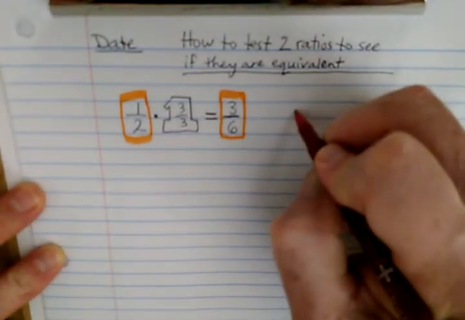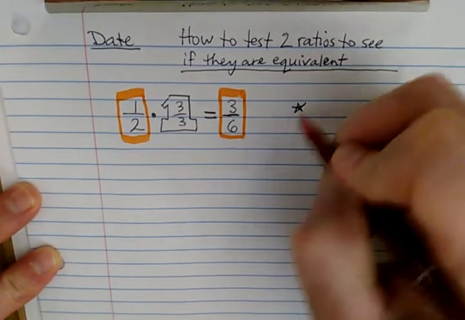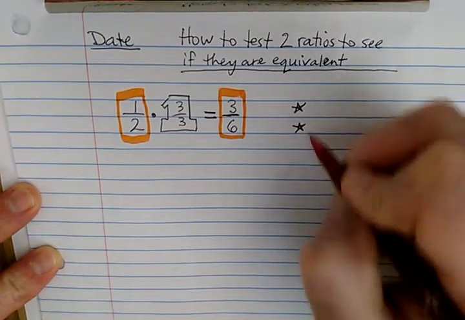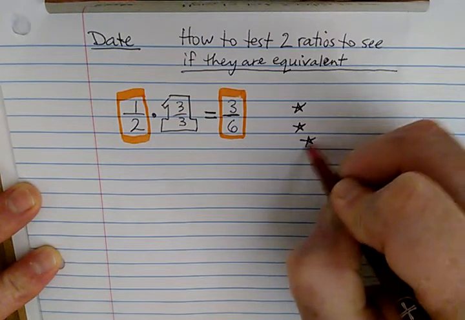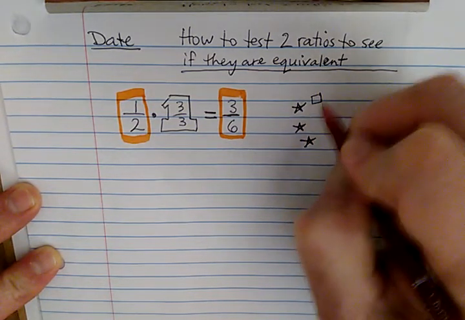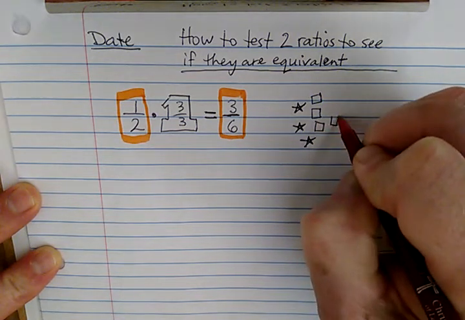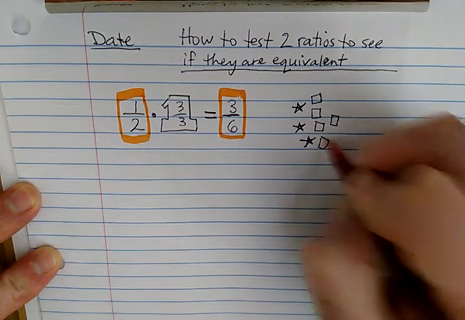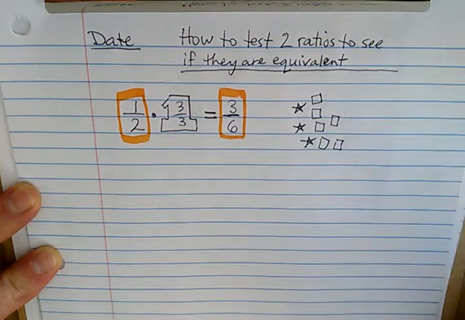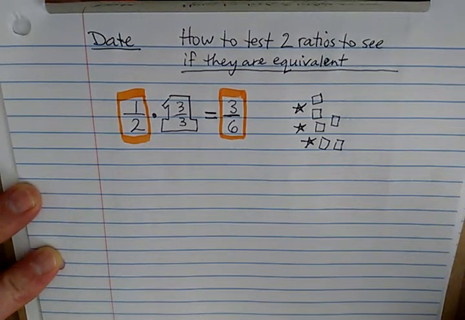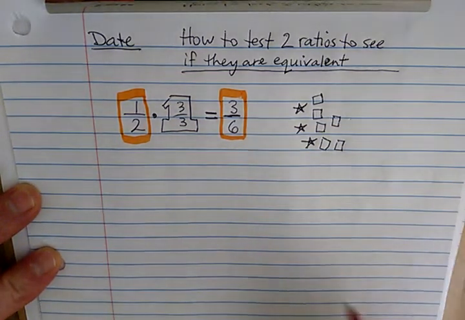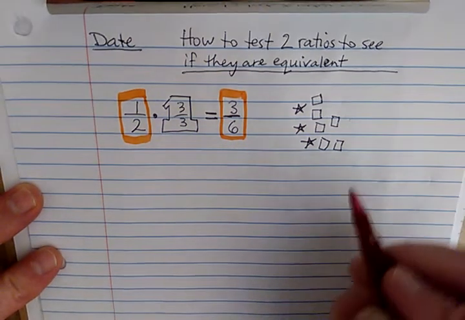For example, if I have 3 stars and I've got 6 squares, we can make groups. Oh, I got confused for a second. We can make groups of 1 to 2.